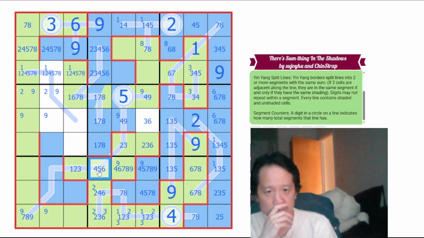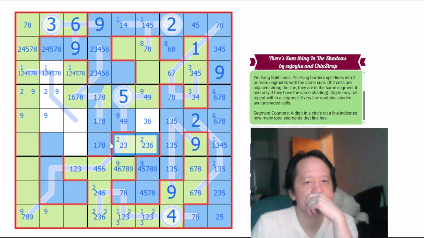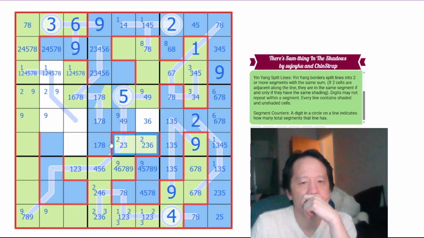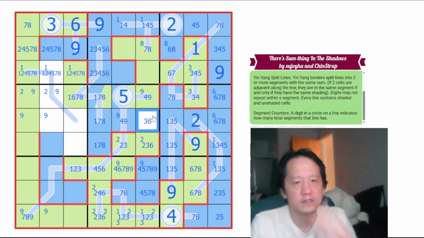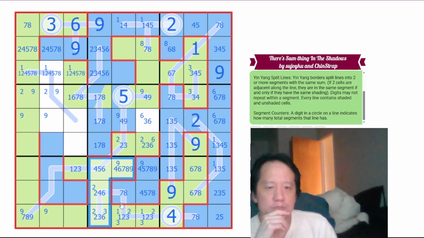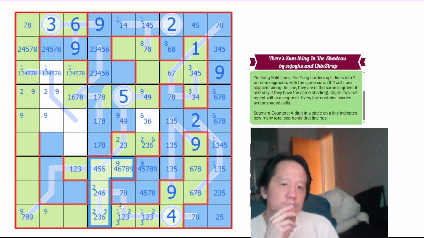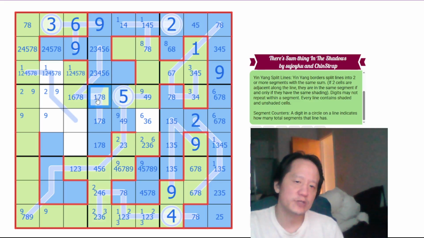That's fine. 2 is one of these 2 here. 6 is one of these digits here. 6 is one of these 4. This could be double green, though.